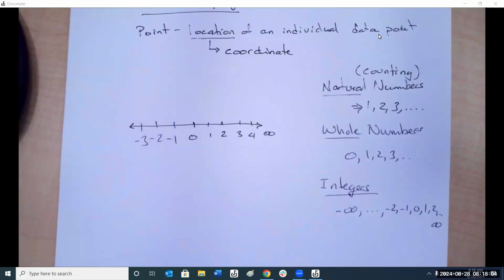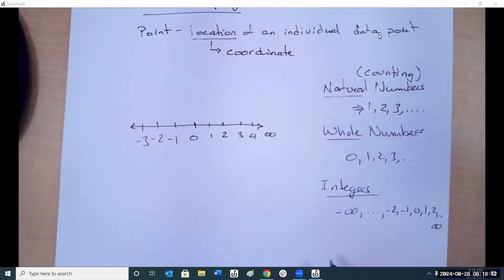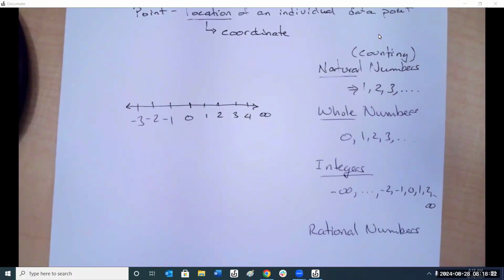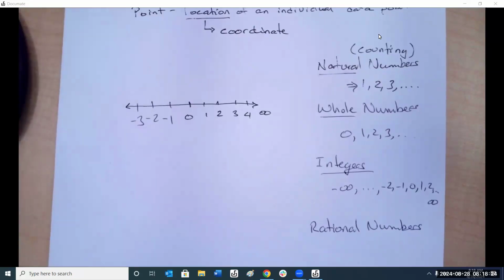Now, somebody said earlier, rational numbers. Rational numbers mean what? Those would be decimals. But you're right, that's where they come from. What are the first 5 letters? What does that spell? What does ratio look like?